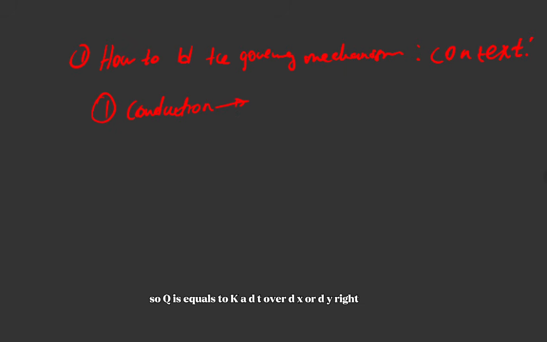So Q equals k A dT over dx or dy, right? And mostly, whenever you are having your heat transfer calculations, you won't find us saying calculate conduction and then you go and use Fourier's law, right? Unless you're asked to find things like the value of k, that's when you can go back to Fourier's law as it is.